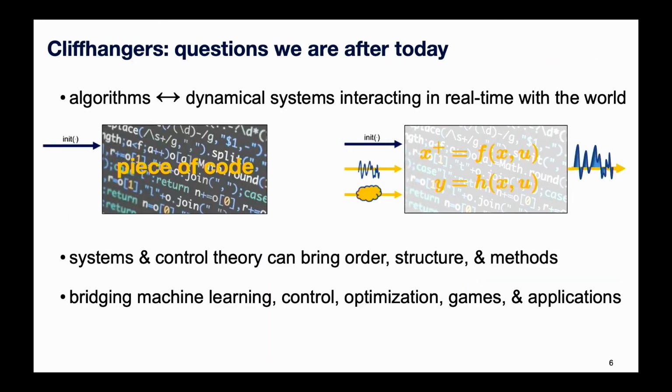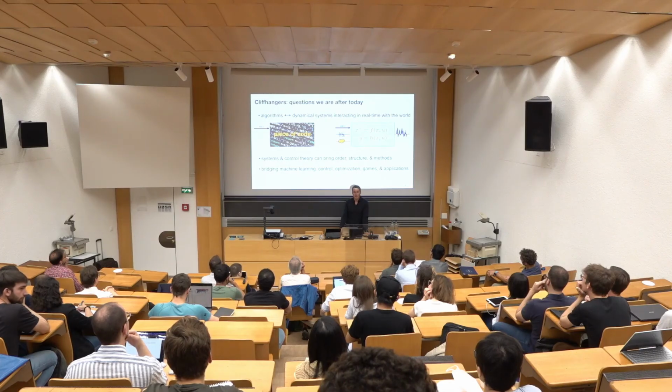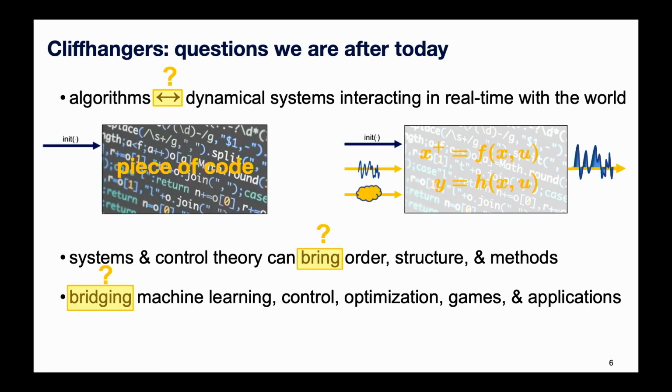And then finally, of course, is this a good topic where you can bridge different communities from the theory end of things, like optimization, control, maybe machine learning, statistics, but also different applications. And of course, each of these should be affiliated with a question mark. That is, do we really have a hammer and the others are nails? Can systems and control bring anything here, or is it just us playing with it?